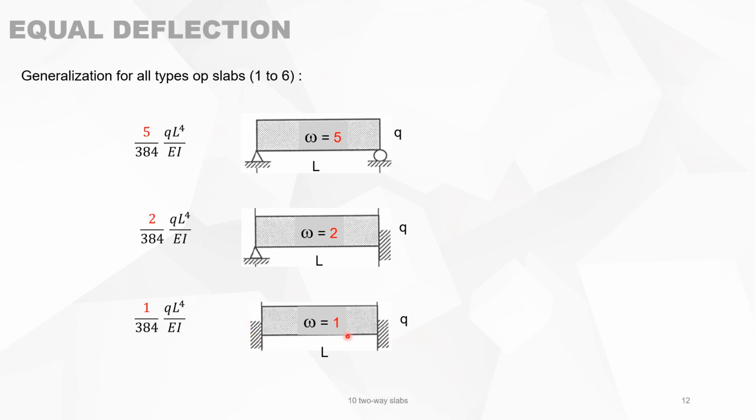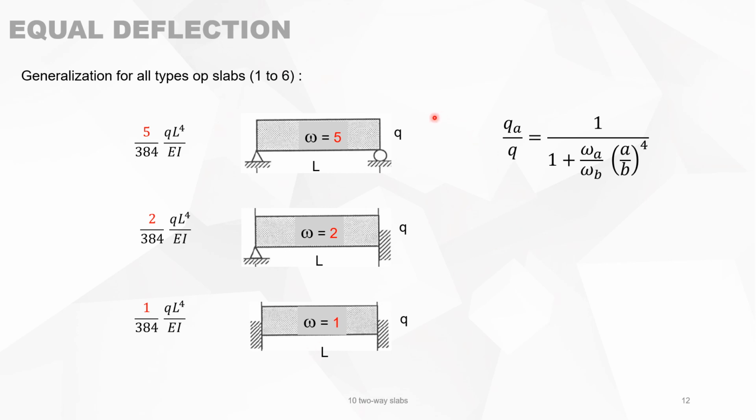And when it's fixed on both sides, then the maximum of the deflection in the middle of the span is this formula. You see now that all those terms are equal except the first figure here, and I call this omega. So this is omega 5, this is omega 2, and this is omega 1. All 6 slabs are a combination of those 3 different cases.